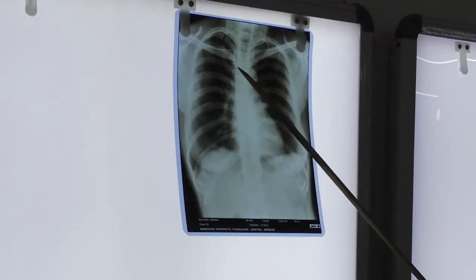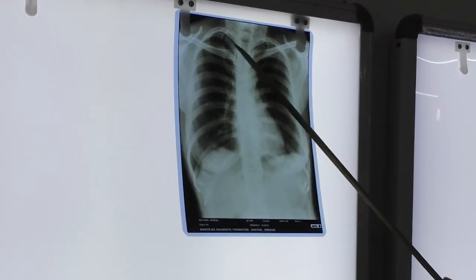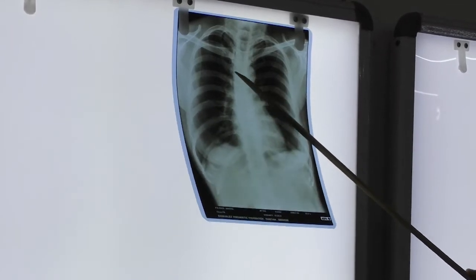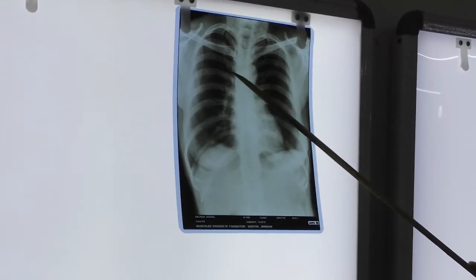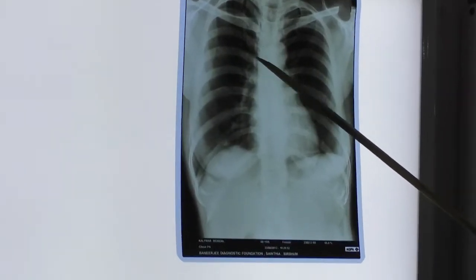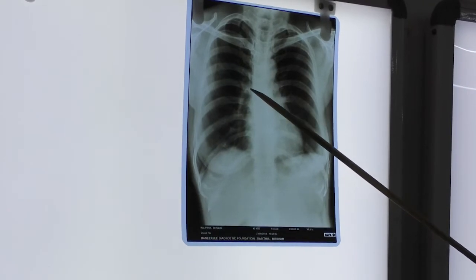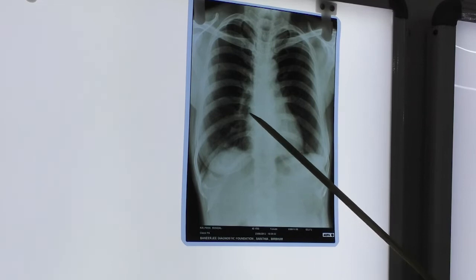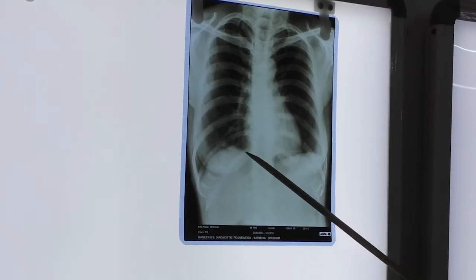Whereas the right border, if you trace it from above, becomes the right brachiocephalic trunk, which is continued as the superior vena cava. Okay. Then we can find the right atrium.